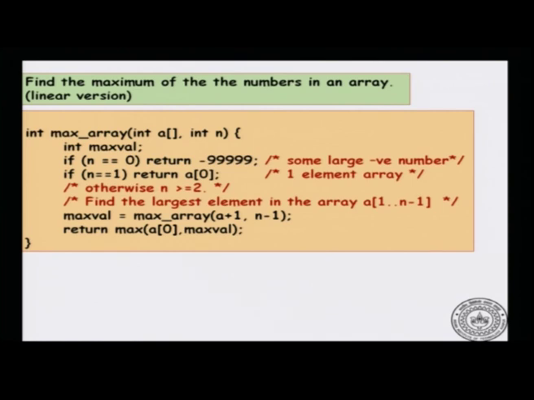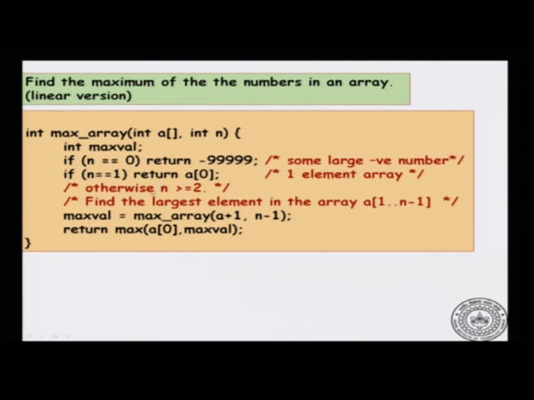Just to remind you, the linear version was done as follows. If n is 0, you return something like minus infinity, a very large negative value. Now, if n is 1, you return a of 0, which is the only element in the array.